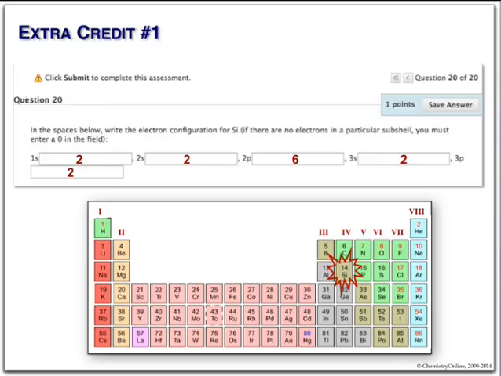Okay? Now again, you can take this over and over and over again. Blackboard is set to take your highest score. The one thing you need to remember though, if you start one of these tests, they're actually all on one page.